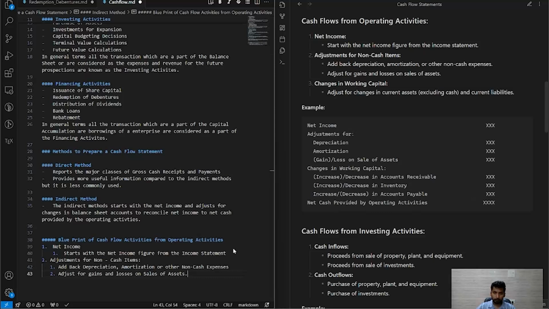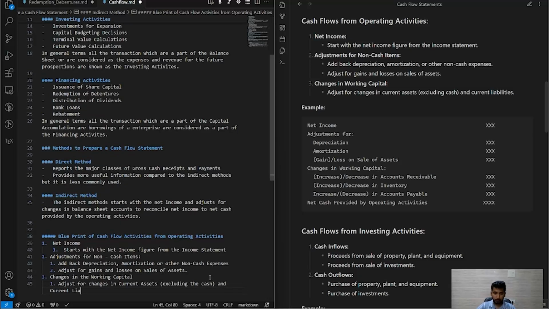And after that, we look for changes in working capital. Adjust for changes in current assets, excluding cash, and current liabilities.